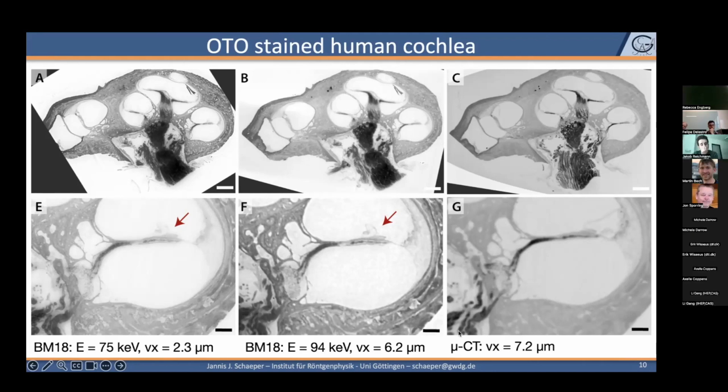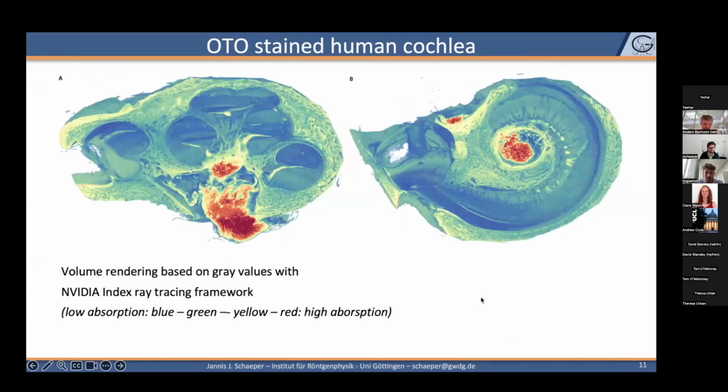Here there was also a nice rendering technique with a ray tracing framework from NVIDIA, which they formerly used mostly for games.